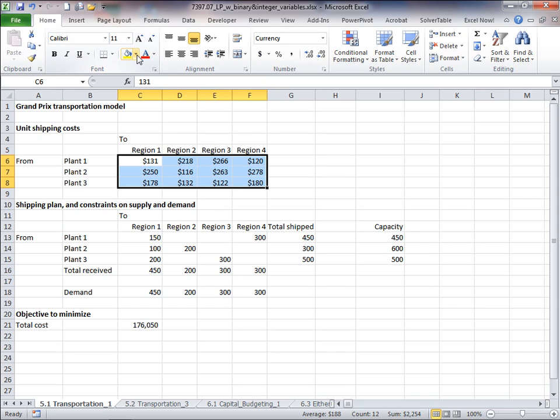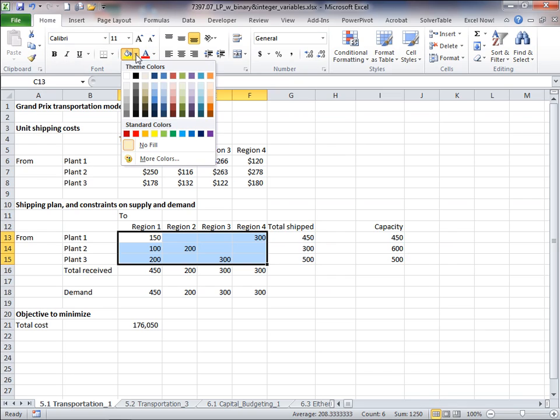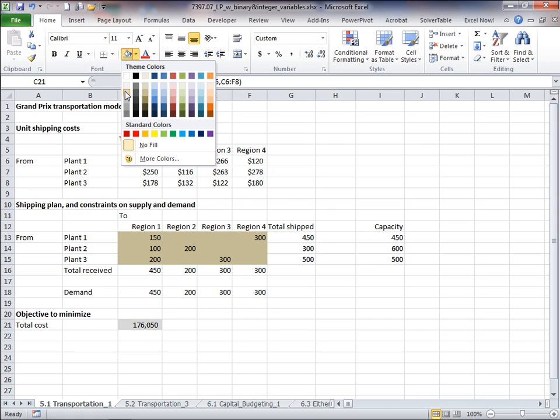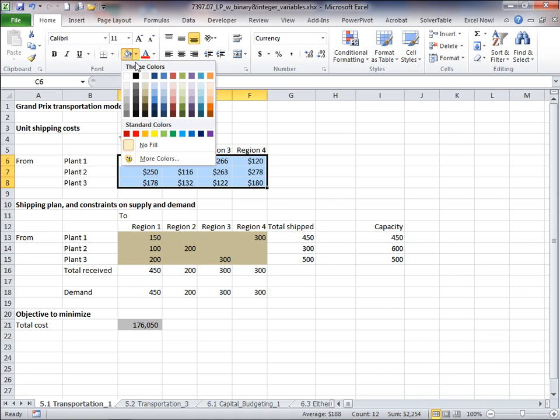So first of all, what's my objective function? Well, first of all, what are my decision variables? That's what I really need to start with, right? What are my decision variables? My decision variables are the amounts that I ship from each plant to each region. So I'm going to go ahead and highlight those as decision variables. My objective function is right there. My sets, there's a set right there.